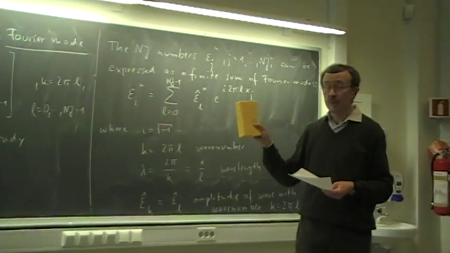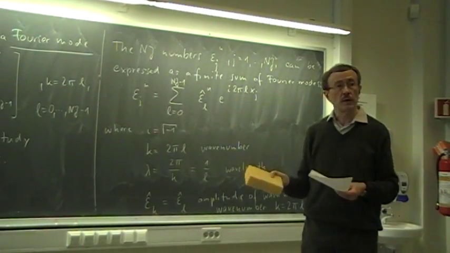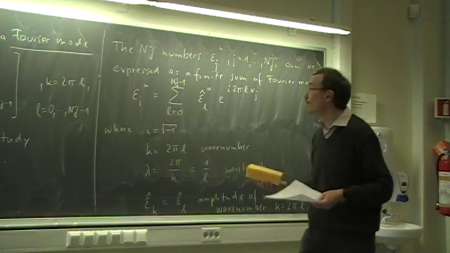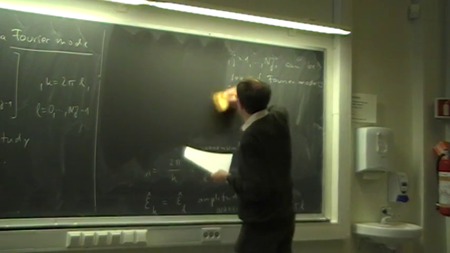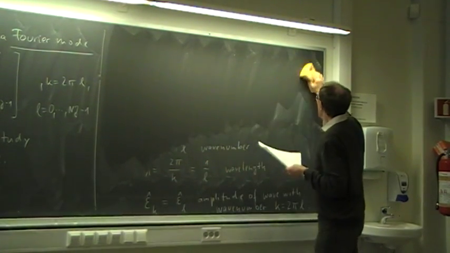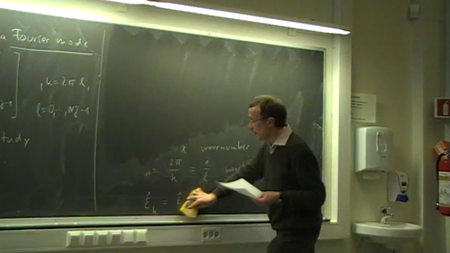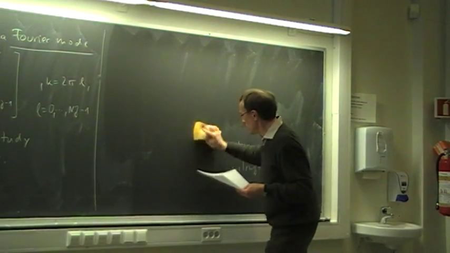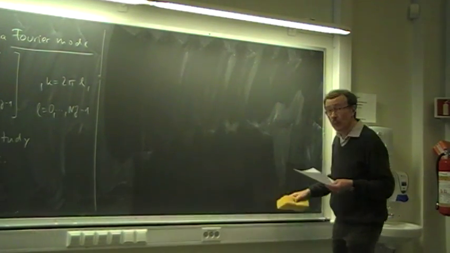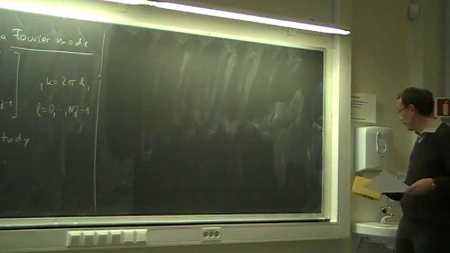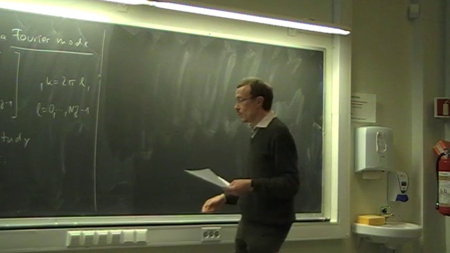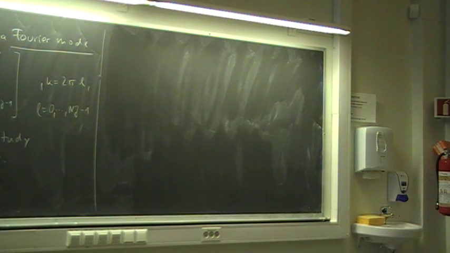If the modes will be damped, then we'll have a stable scheme. So that will be our test: to insert just one Fourier mode into the finite difference method and look whether the mode is amplified, unstable, or damped, stable. So that is what we want to do.